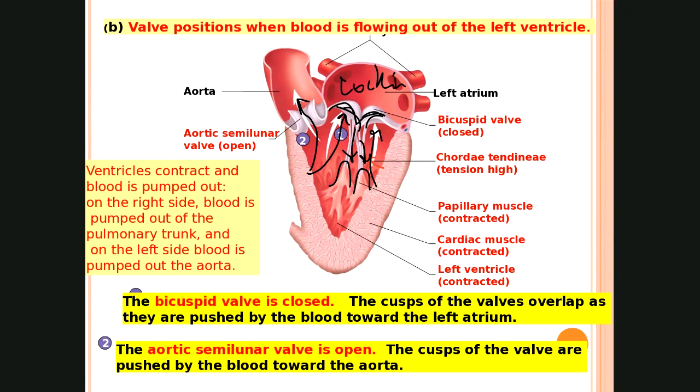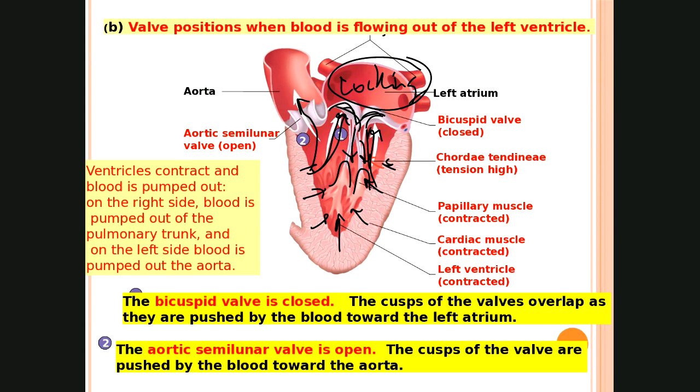So at this point, it doesn't matter how much pressure is exerted on the blood as the ventricles constrict, pressure should not open the AV valves, which will remain locked while the ventricles constrict.